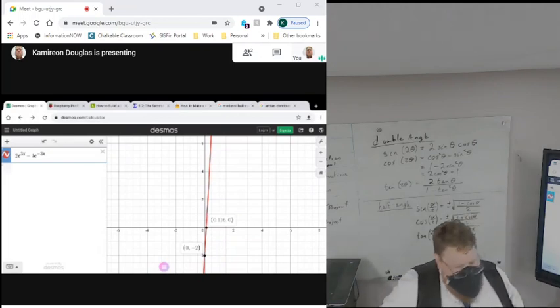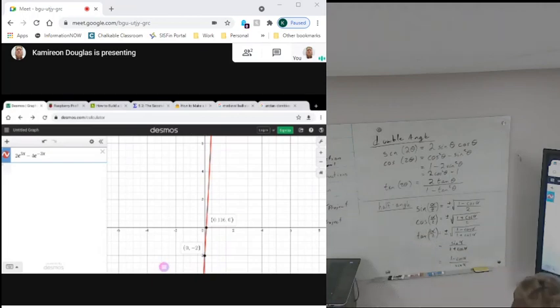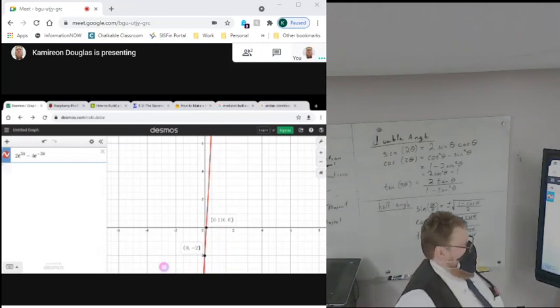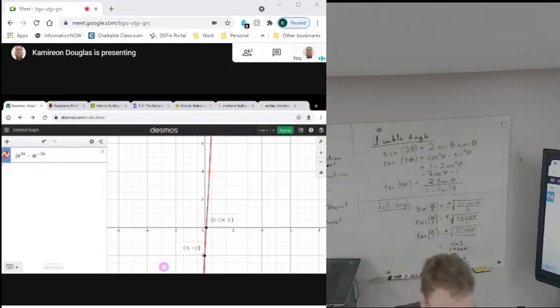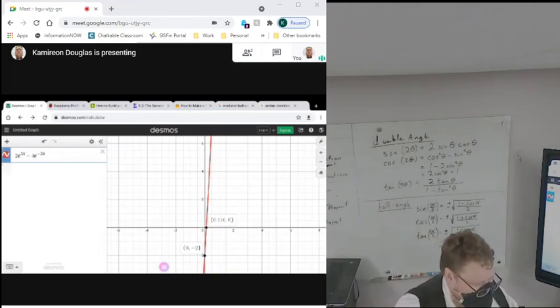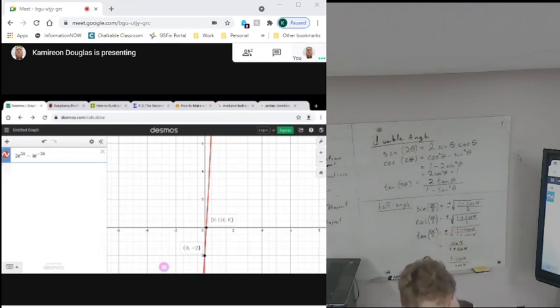Take ln of 4 minus ln of 2, all over 2 times k, which was 6. Divide that by 6. What's the answer? 0.115. Weird. Crazy.